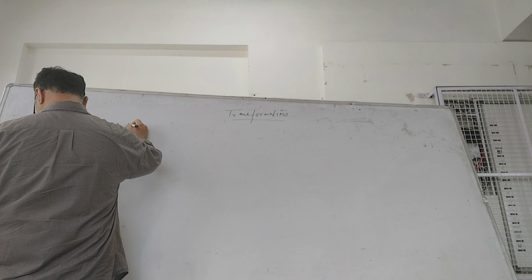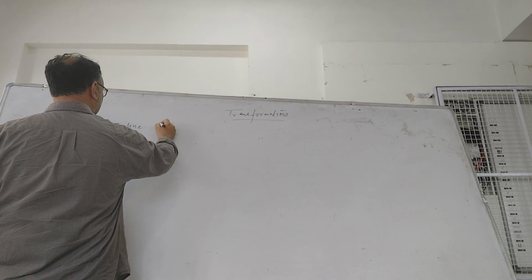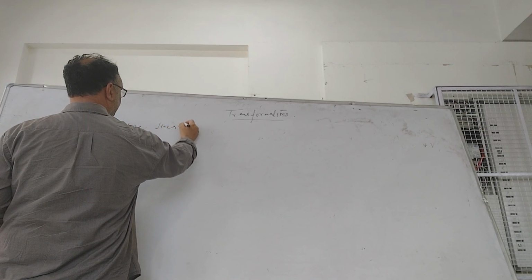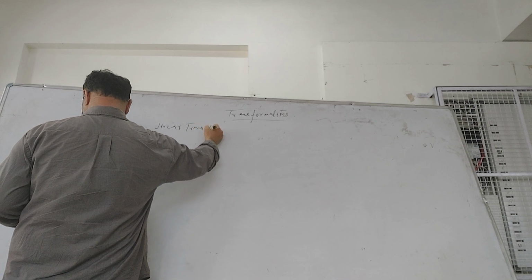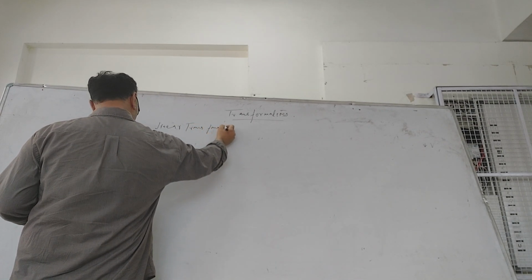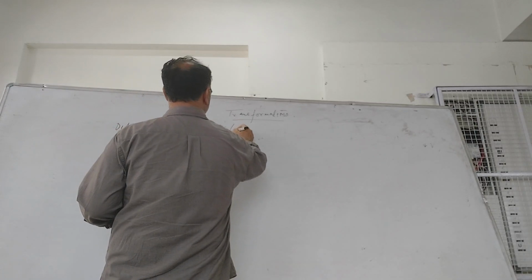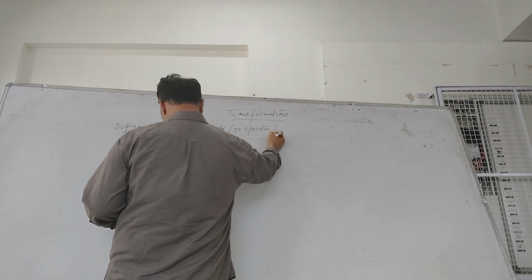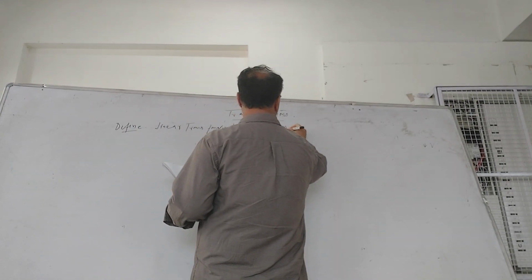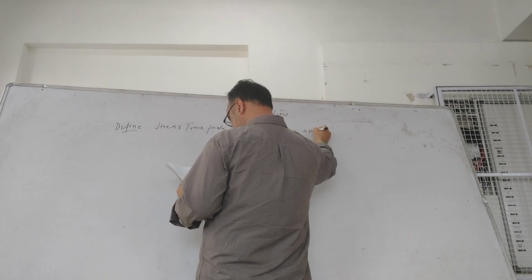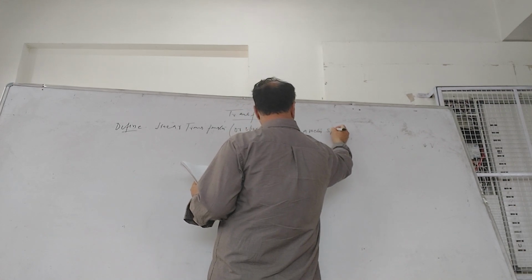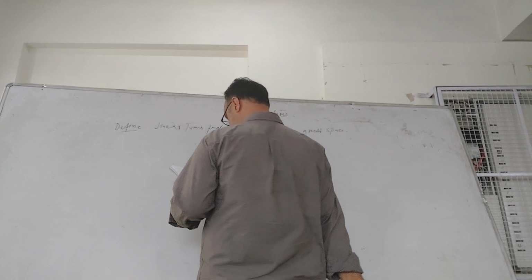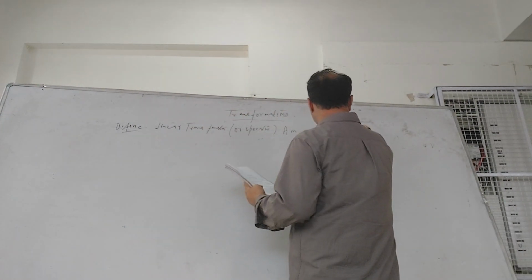So how do we define a linear transformation or operator A on a vector space V?